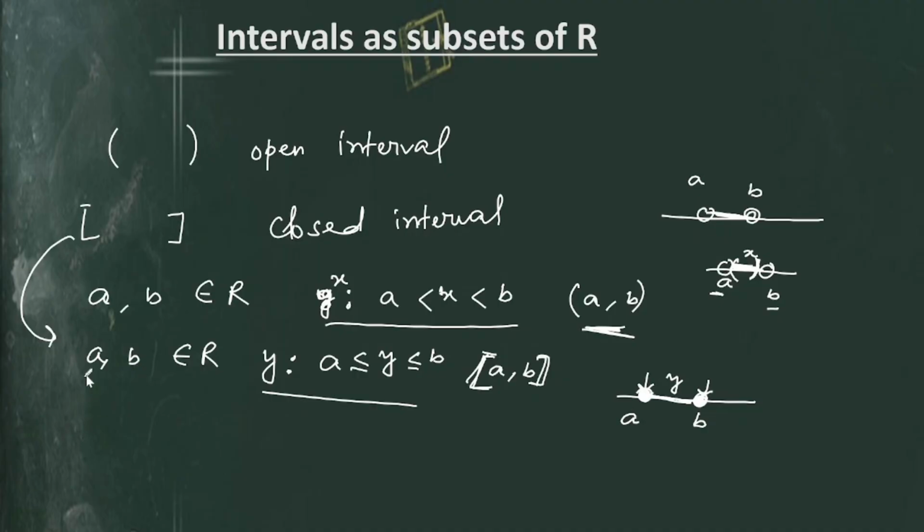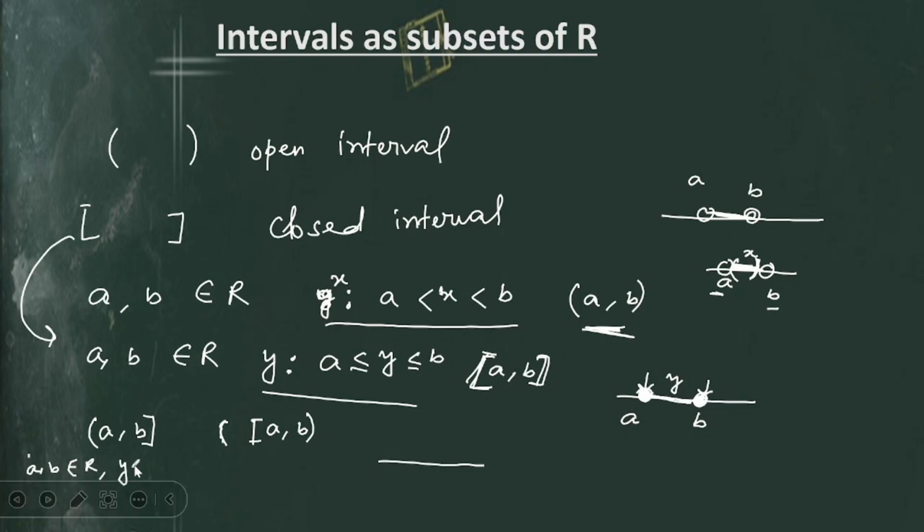One end is open, a comma b, and the other is closed. If a, b belong to R, and y such that a less than y less than or equal to b, it means a is open, so we cannot write the equal to sign there, and b is closed, that's why we write the equal to sign.